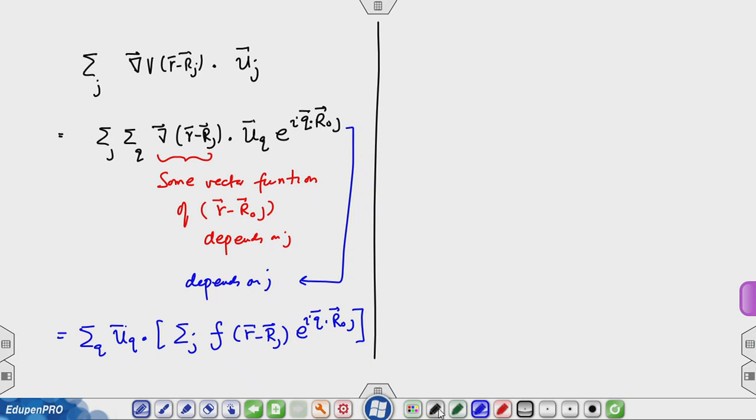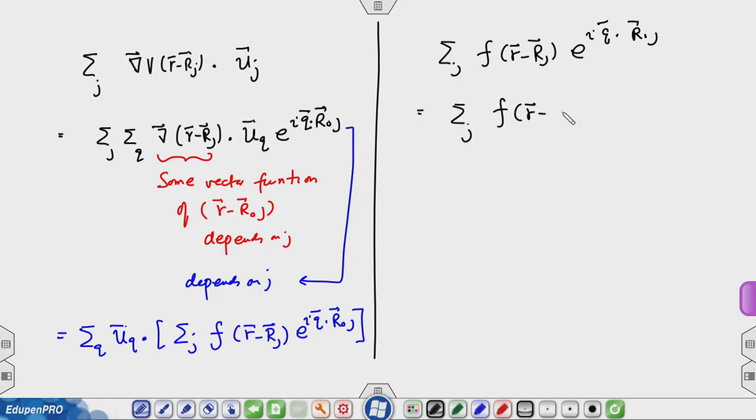And I am going to now do a manipulation. Summation j f of r minus r j, e raised to I q dot r naught j, I can write as summation j f of r minus r j, where r naught j is r j, e raised to minus I q dot r minus r j, and multiply by e raised to I q dot r.